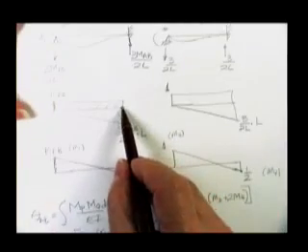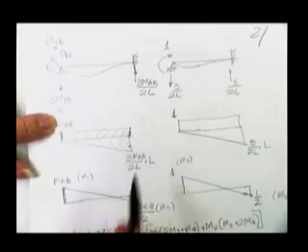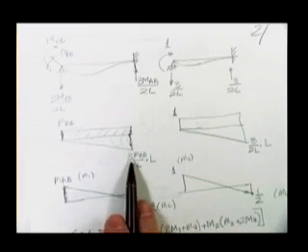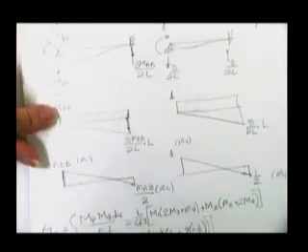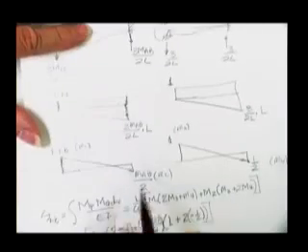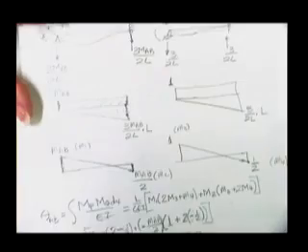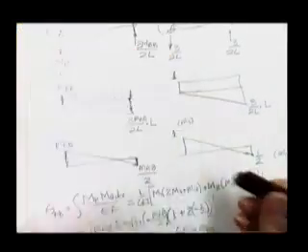On this end, it'll have a positive m sub AB and a 3 m sub AB over 2L times L, which is 3/2 of m sub AB down, plus m sub AB up, 3/2 down, gives me a negative moment on this end of m sub AB over 2. Let me take these off. I was using them just so I could use my volume integrals.